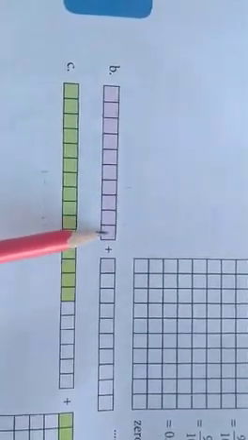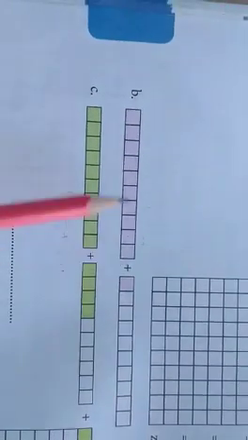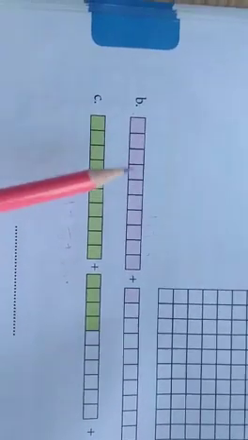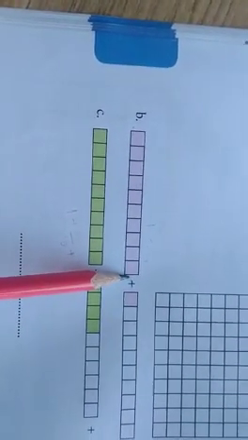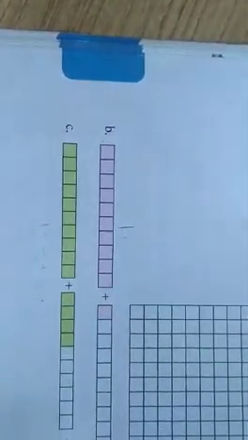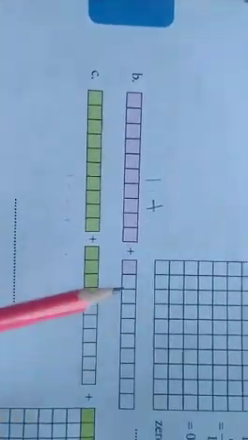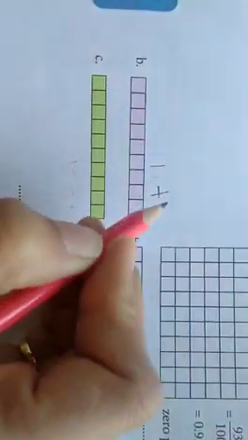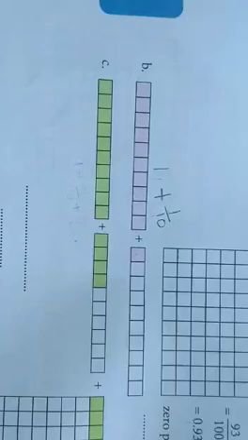Now you can see here the question B. If the full part is being shaded, this first one you can see here, there are 10 boxes, and all 10 boxes are shaded, which means it is 1. Clear? Plus here only one box is being shaded, so it will be 1 by 10.